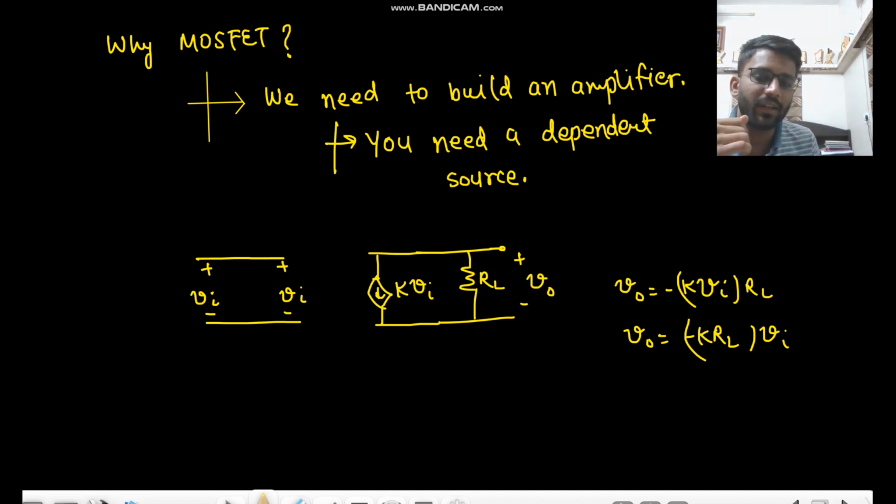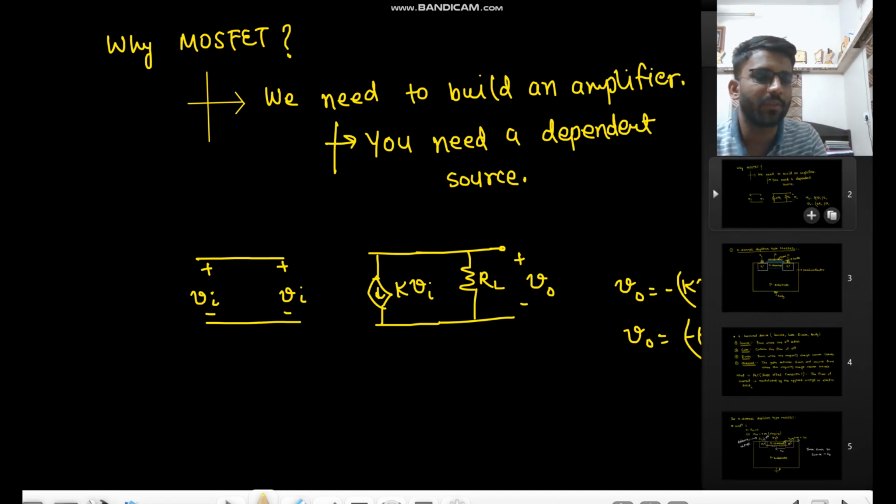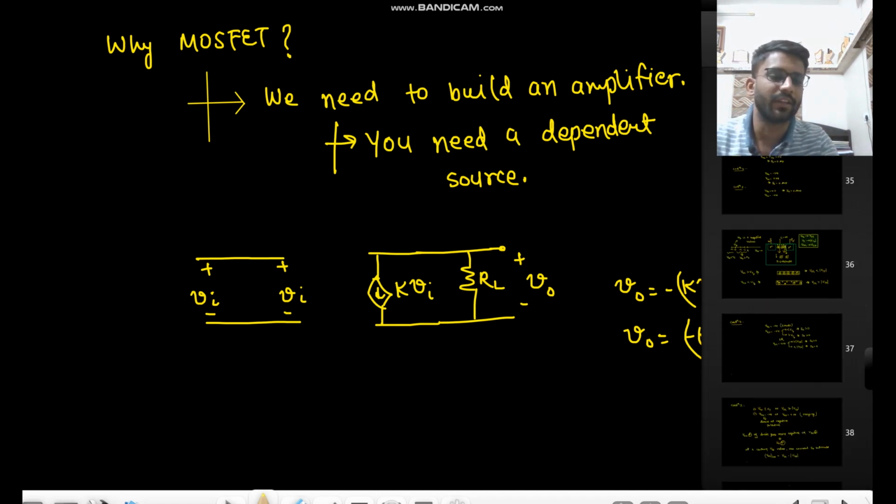So this will be gate, this will be source, this will be VGS, this will be ID. We will see the small signal model. So here you can see that the current is depending on the input value. This is what we wanted to make, and we are successful in that.